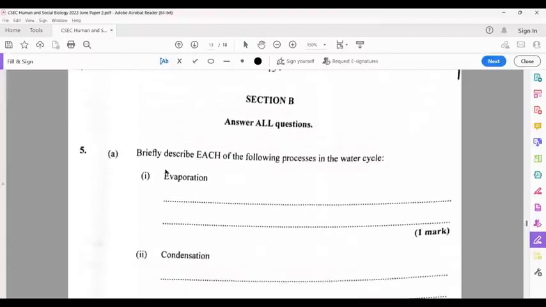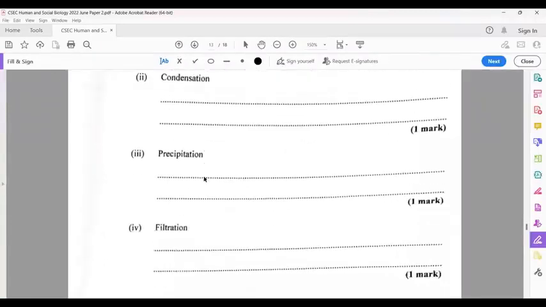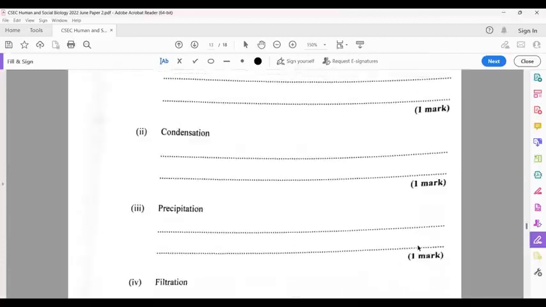The fifth question is the first question in section B, and the question is taken from the impact of health practices on the environment. And in this question, they ask you for plenty definitions. They start you off with asking you for a brief description, or if you could define it, if you will, to get this 1 mark, each one being just 1 mark.